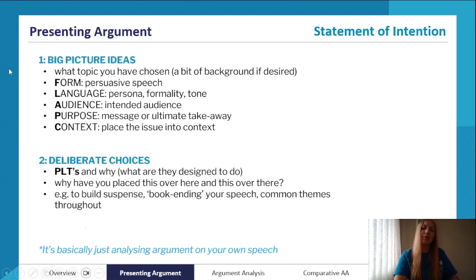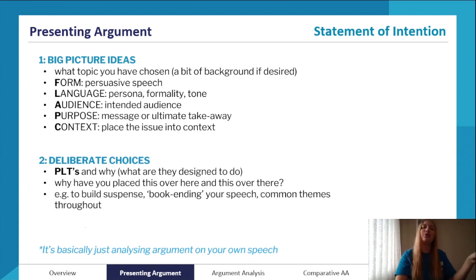So first, that big picture ideas paragraph, that's a bit of an introduction, as we said. Firstly, you start off by introducing the issue that you are going to be talking about and saying, I've chosen to write an oral on this topic, and you can give some background information around the issue.